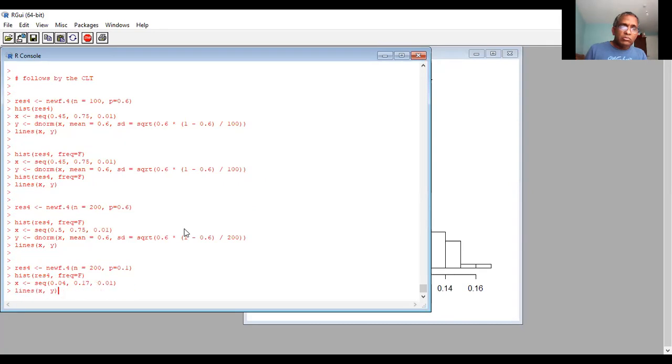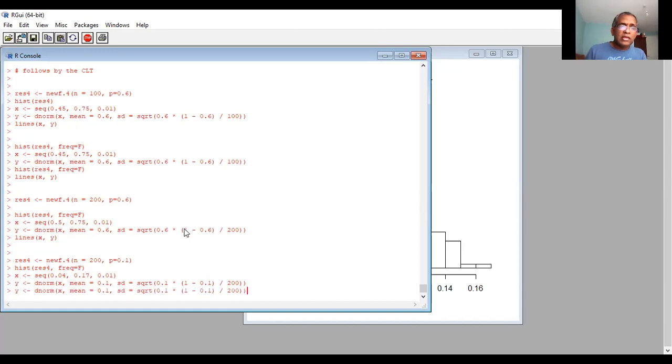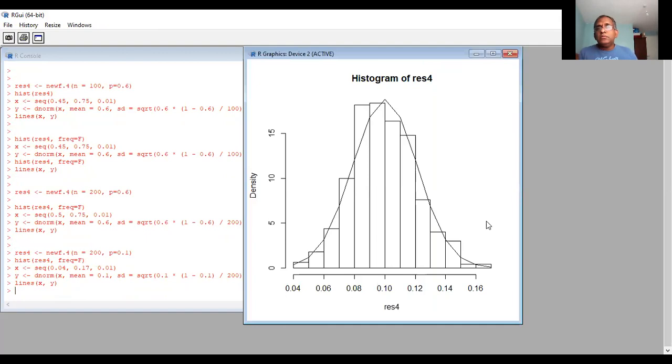And your y-axis is going to be the density of the normal where p is now 0.1. Change this to 0.1, and then you use the lines command. You see, once again, the density of the normal is a good fit for the simulated histogram.